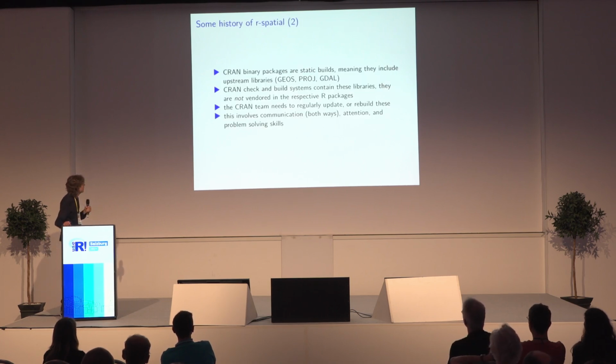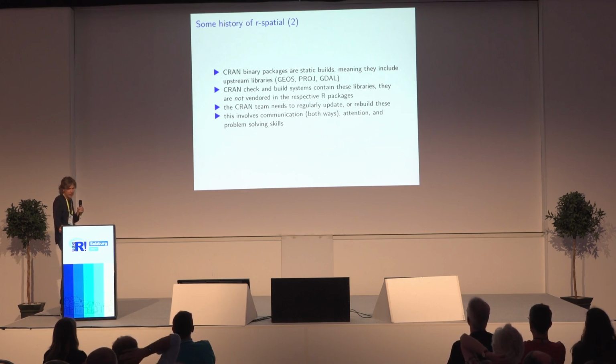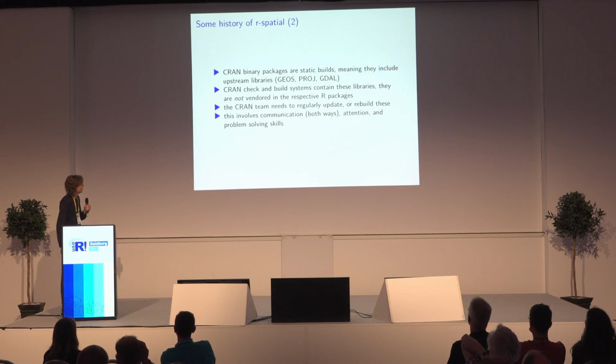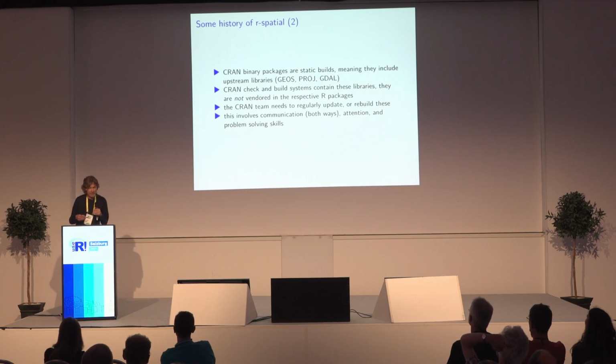So the binary packages: there's a reason why we wanted to retire this package and not go into finding new maintainers. What CRAN does is that it builds binary packages for Windows and Mac OS, right? So that means that these binary packages are static builds, so that if you install a package like that, you don't have any requirements to install additional software on your computer.